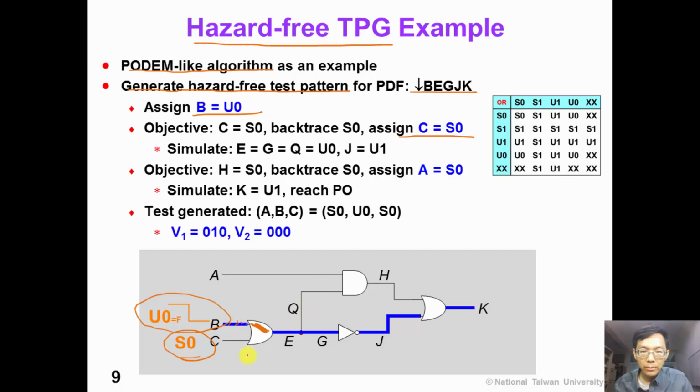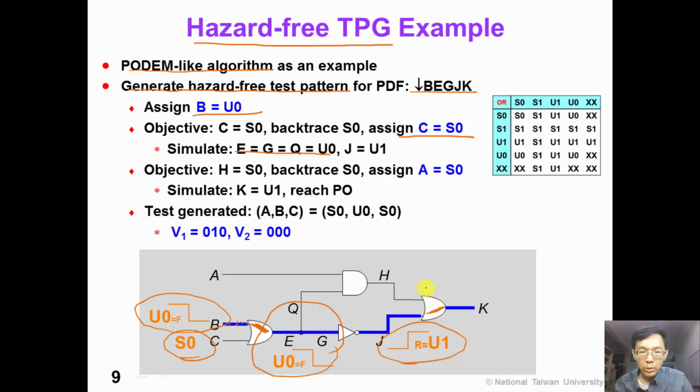And then we perform a forward simulation. So E, G, and Q are all U0. After the inverter, J is U1. Now we want a hazard-free sensitization through this OR gate.